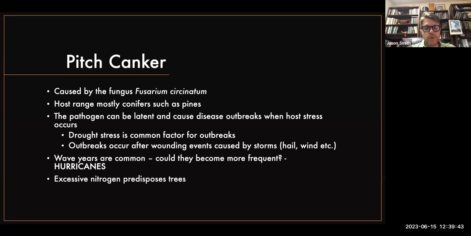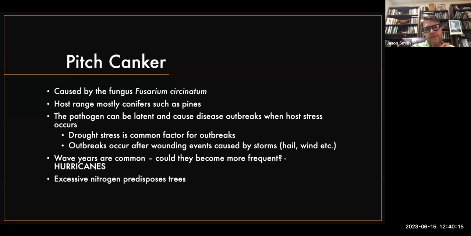And then one of the biggest factors we think in urban settings is trees that are predisposed because they've been planted in situations where there's excessive nitrogen, whether it be because of lawns and the use of nitrogen in turf situations, or the trees themselves have been fertilized when they don't need to be. But pitch canker is one of these diseases where essentially if you add nitrogen to the situation, it's like throwing gasoline on a fire.